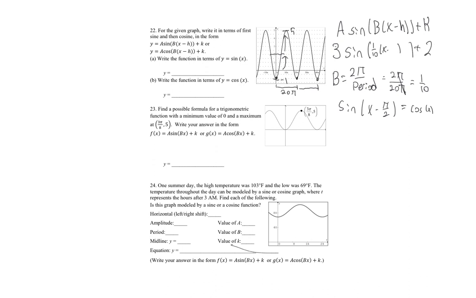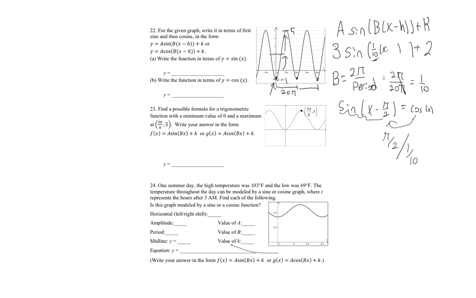So that means that to write in terms of sine, to make the sine start at our minimum, we have to subtract pi over 2 from it. But here's the thing. We also need to factor out a 1 over 10. So to figure out what goes in here, I'm going to take our pi over 2 and divide it by 1 over 10.